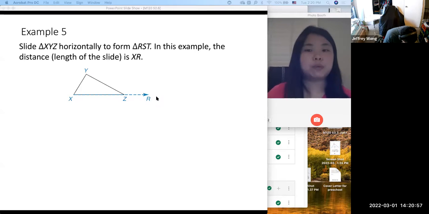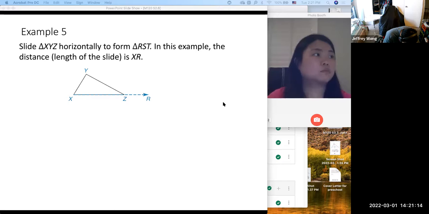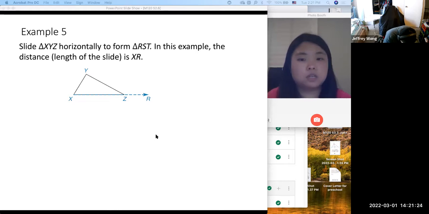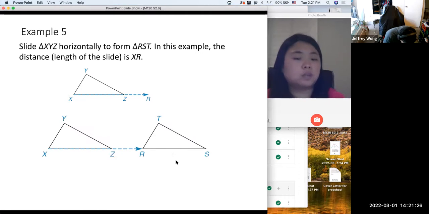Try to create a picture and form the triangle RST. Okay, RST. Draw the picture from here. Slide the triangle. Okay, you should have this one, right?